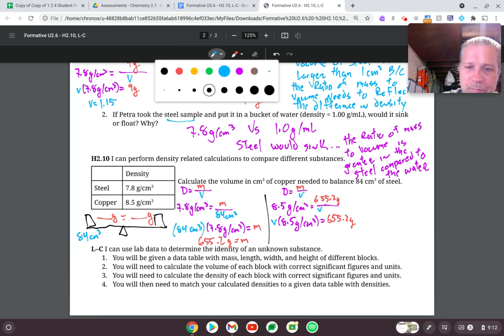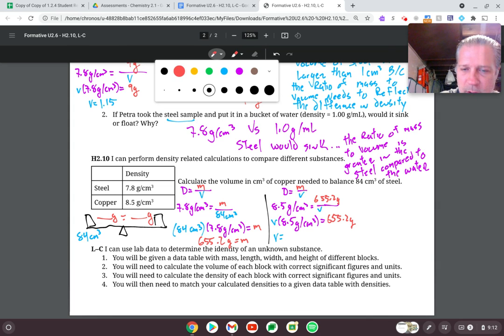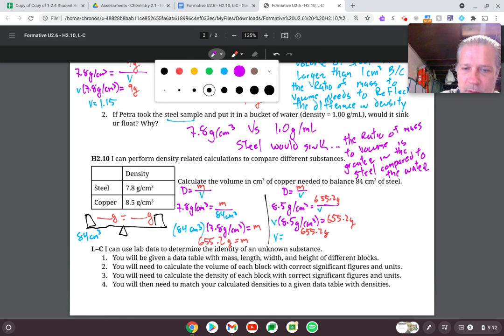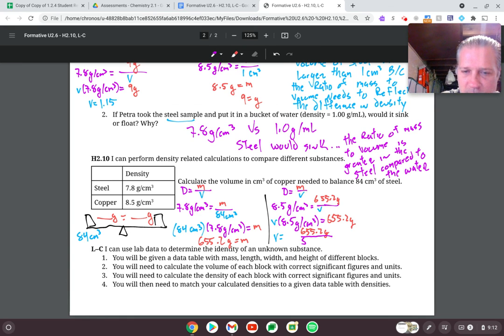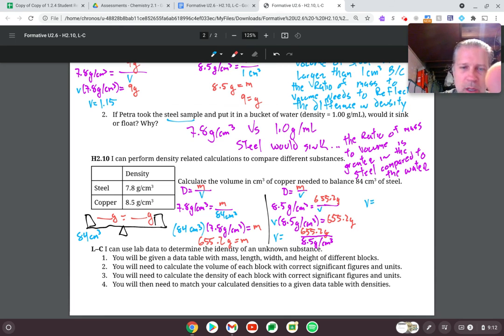So that's going to give me my volume, which will equal the 655.2 grams over the 8.5 grams per centimeter cubed. And when I solve that out, 655.2 divided by 8.5, I get a volume of 77.0823.